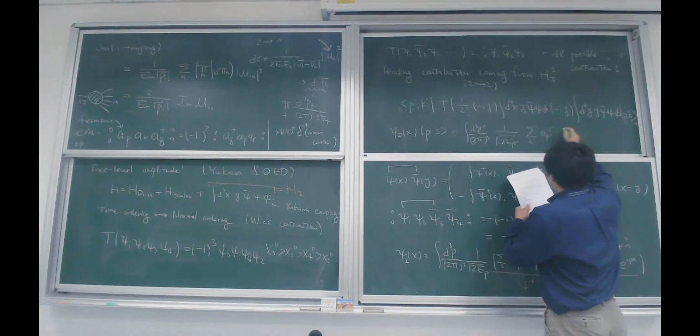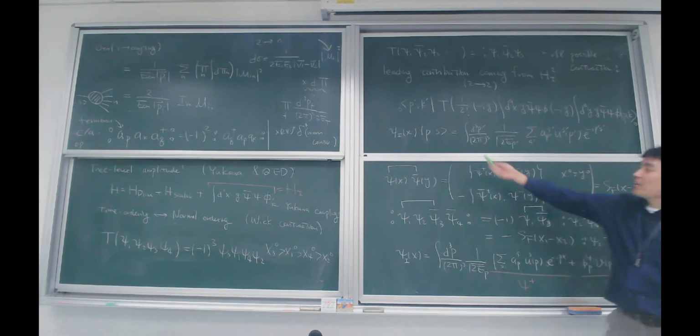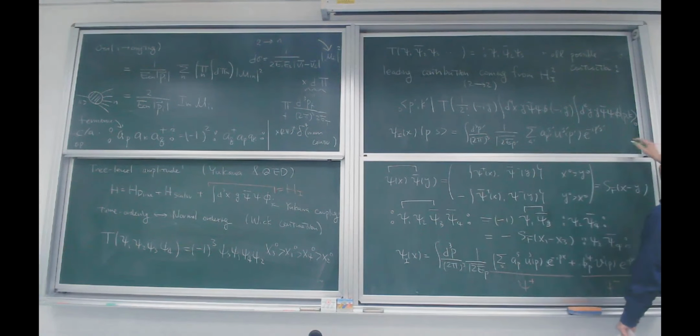Sorry, lots of primes. I think it's not good notation. This is the notation: the |p s> is created by just the creation operator and normalized by square root of E_p.